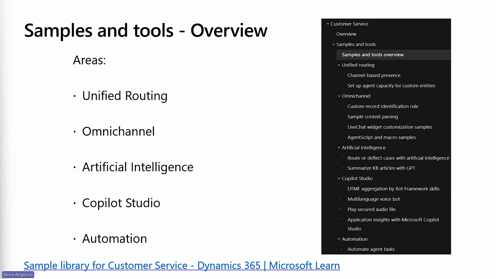The main areas are unified routing, omnichannel, artificial intelligence, Copilot Studio, and automation. Today, we are presenting the second part of the deliverables. I highlighted with a red point the ones that we are going to present today. Let's move to the first one.